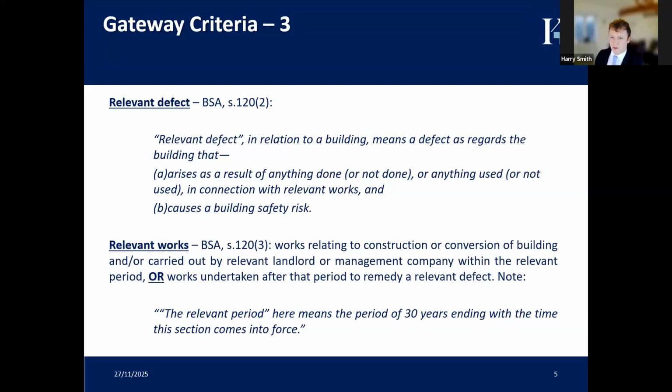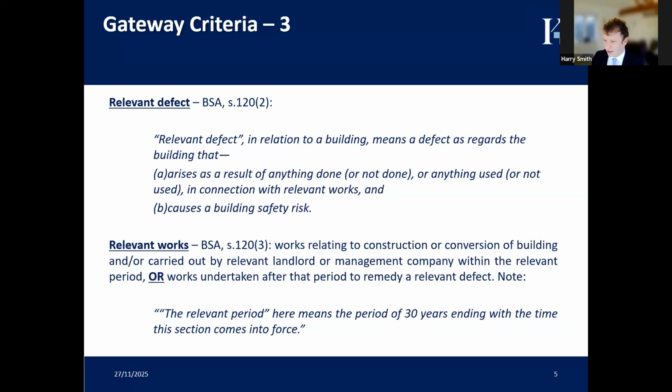Now, this section came into force on the 28th of June 2022. And that means that remediation orders are only available, subject to the next point in this paragraph on the slide, only available in respect of defects in work carried out in the 30-year period before the 28th of June 2022.